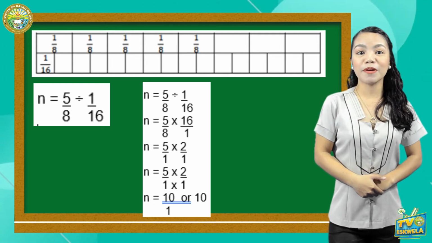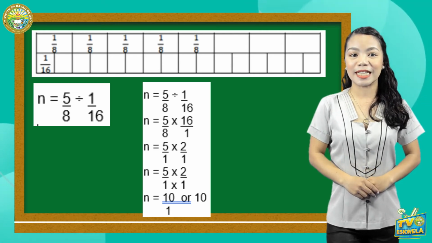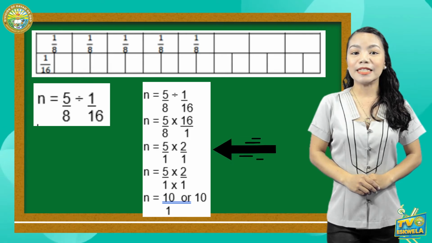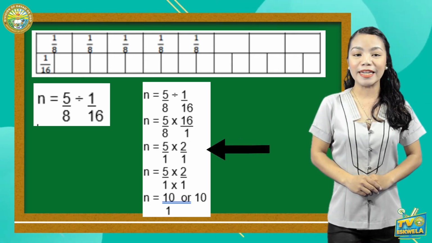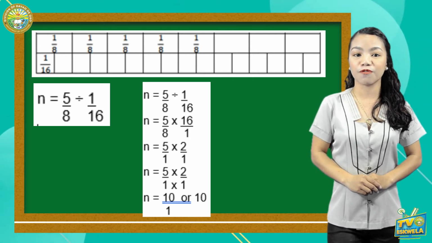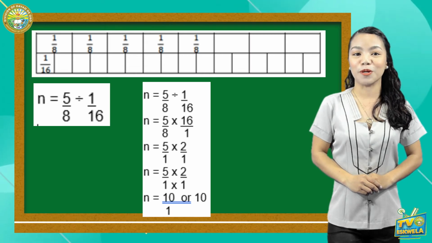We shall simplify our factors, making our number sentence n equals 5 over 1 times 2 over 1, since both denominator 8 of the first factor and numerator 16 are divisible by 8.